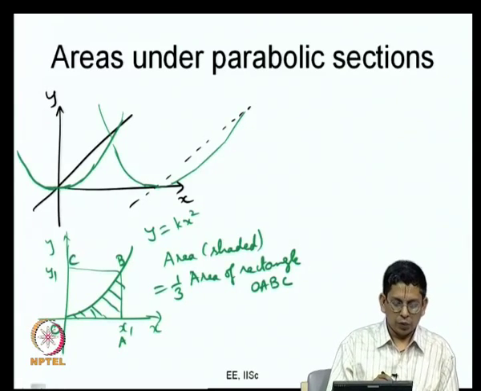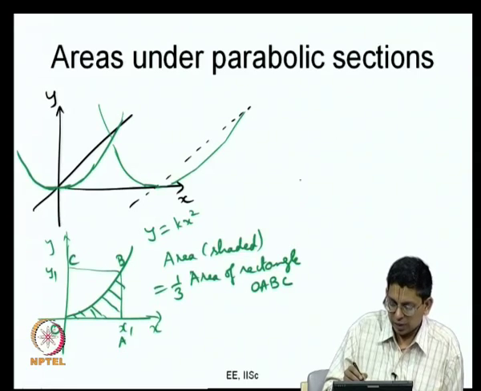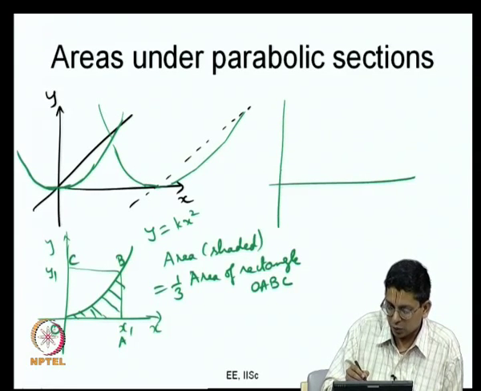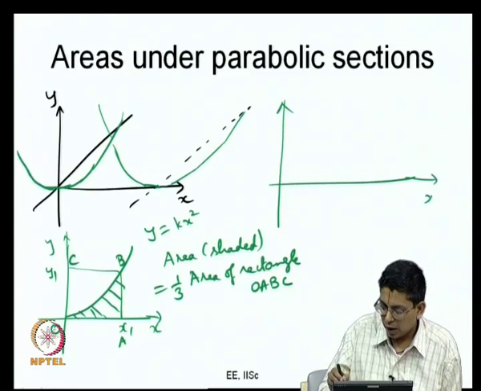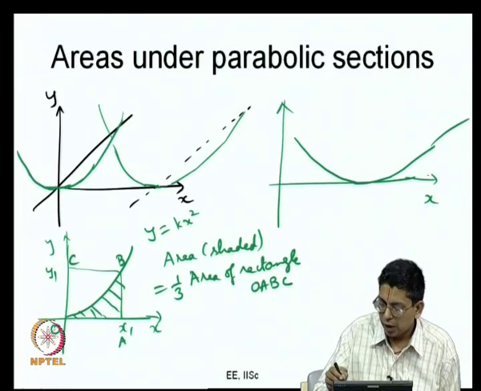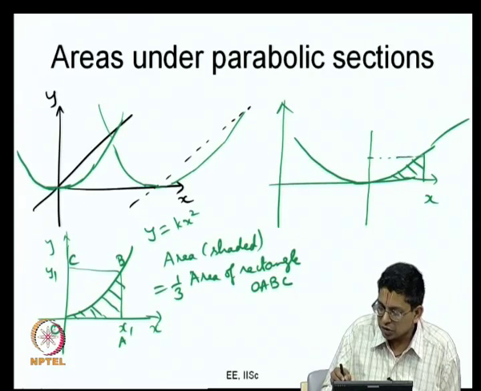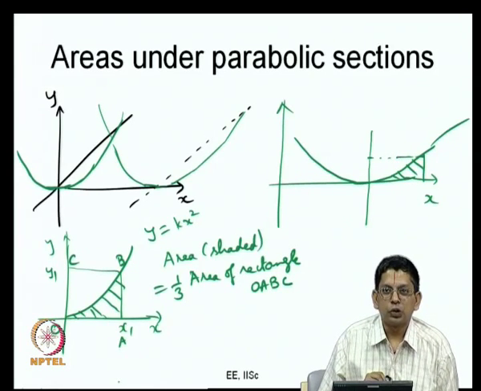That is true when you have the parabola somewhere else also. For example, if you take the x axis and the y axis being here, and you have a parabola like this, and now we are looking at this shaded area. This is the axis of the parabola. Once again you can construct this rectangle.